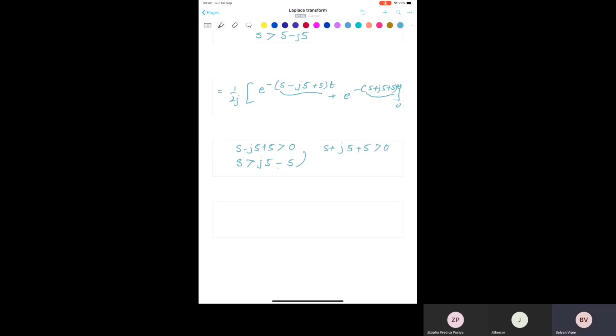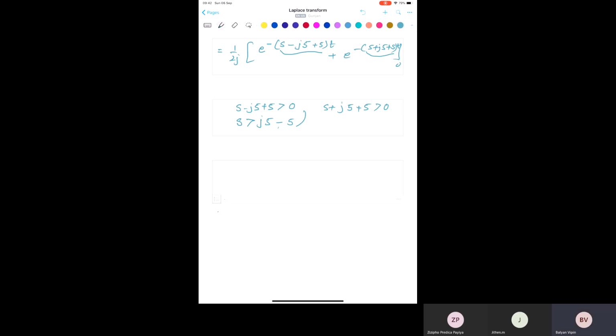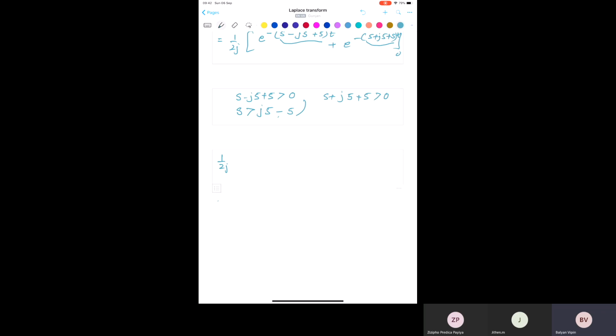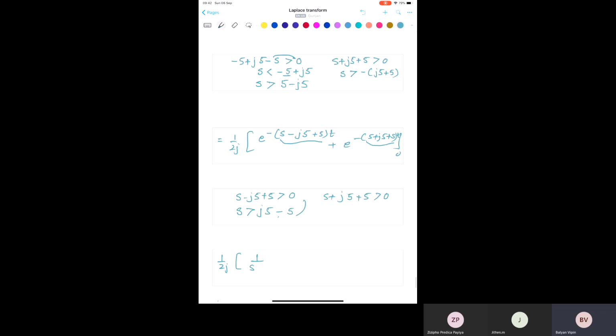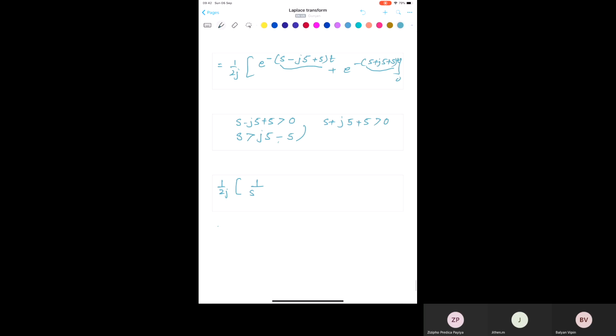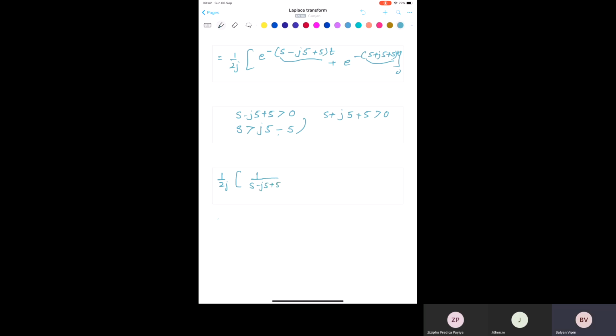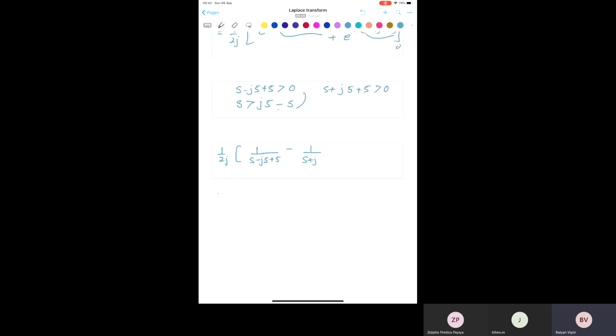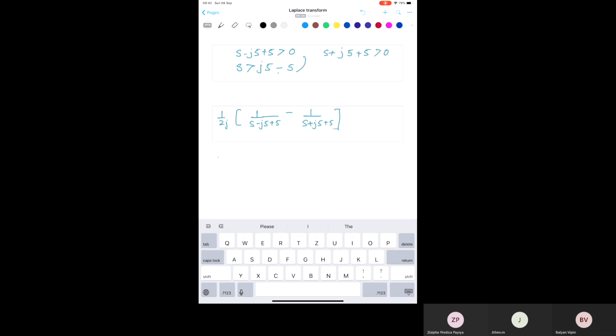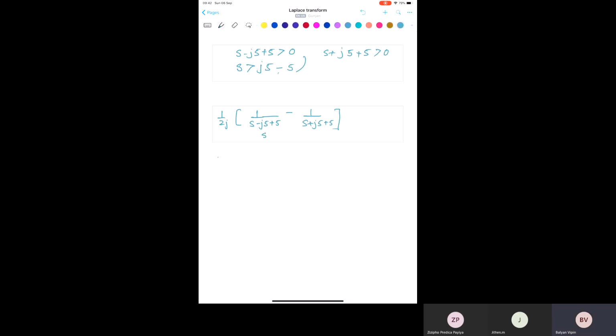This is your 1 upon 2j, 1 upon s minus j5 plus 5, and the other one is minus 1 upon, and the region of convergence from here is s must be greater than j5 minus 5, and s must be greater than minus j5 minus 5.